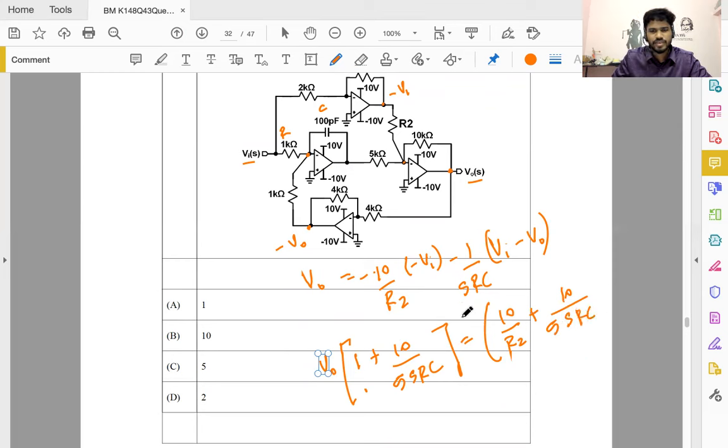There is a factor of 5 somewhere over here. This component has a gain of 10 by 5. So this is the integral term that comes here that has a gain of 10 by 5. So if you rewrite this, you get this. Notice for the zeros and poles to be at the same location, so that it's all pass, there is no going up or down in the Bode plot, 10 by R2 should be 1.